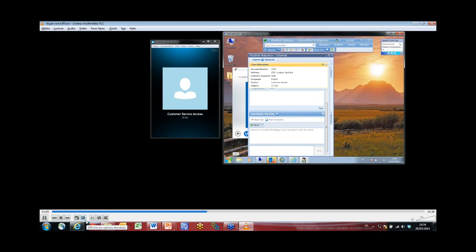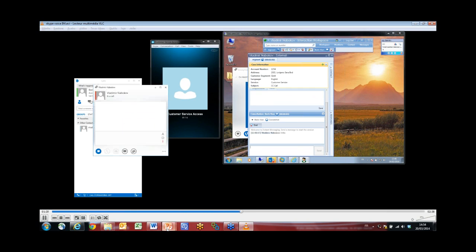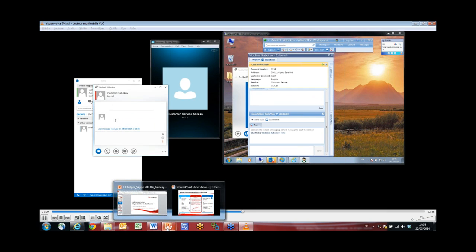So here you've seen instant messaging, you have seen voice, and as soon as Microsoft releases the video capabilities, of course, we are going to integrate them further and enable more sophisticated use cases.